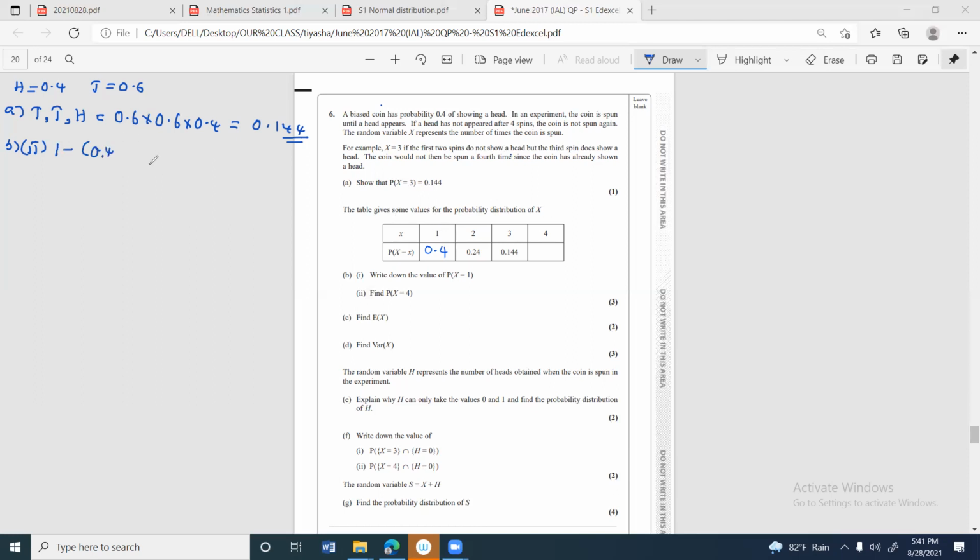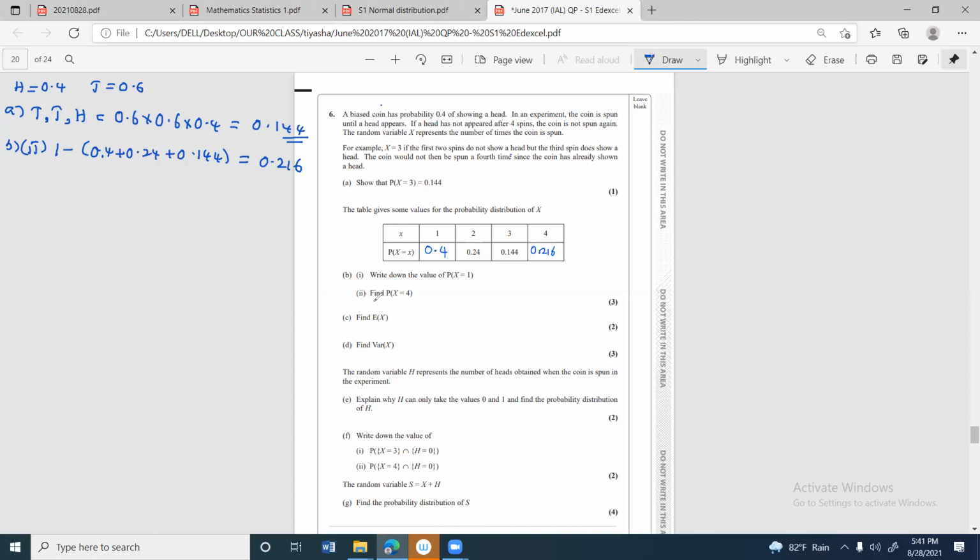I think this method is quite easy. So 1 minus this is 0.216. This is quite an easier method to do this question, right?